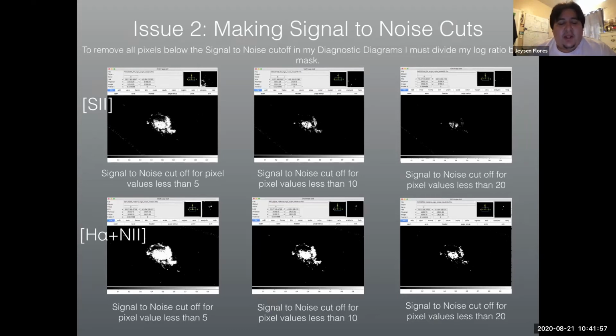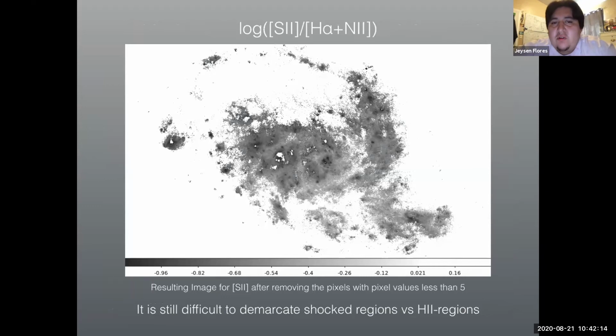We made these masks to cut off pixel values less than 5, less than 10, and less than 20 to allow us to make a signal to noise cutoff in our diagnostic diagrams. And we applied this cutoff to our log ratio for sulfur 2, and this is the resulting image.